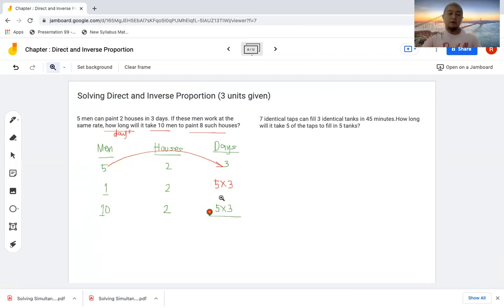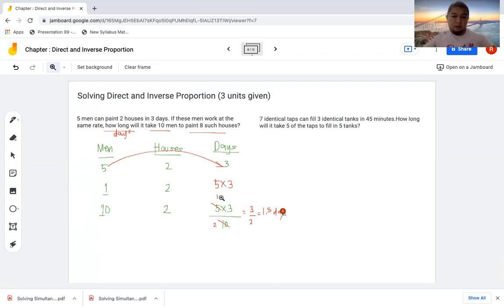And if the number of days will be shared by men, coming from the word shared, then we are now going to divide the number of days with the men working. So this is 1, this is 2, and you will know that this is going to give us 3/2, which is equivalent to 1.5 days.